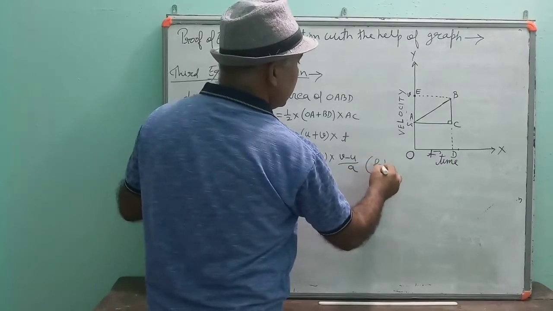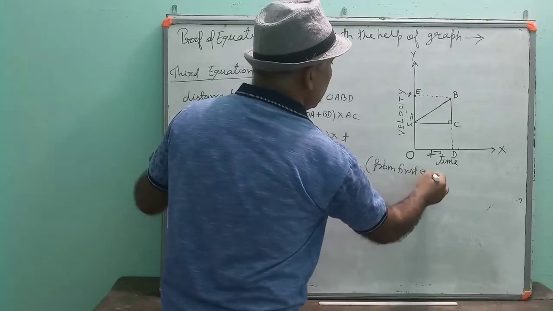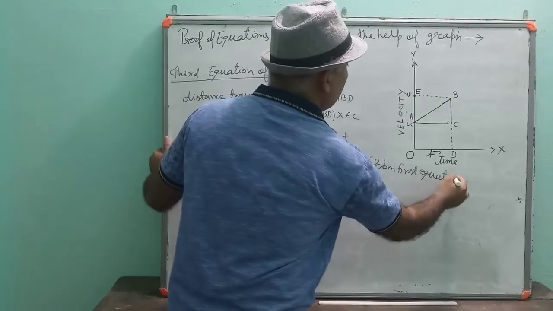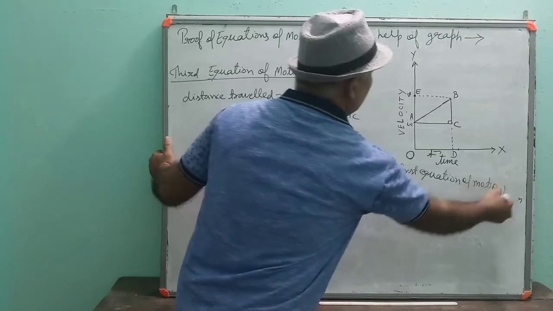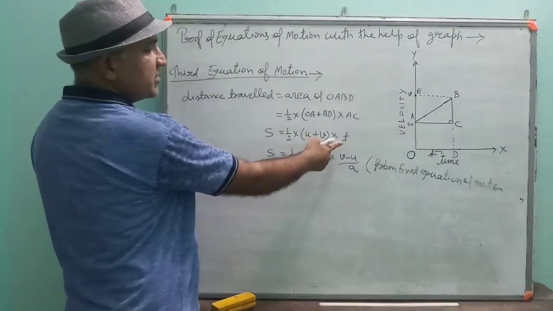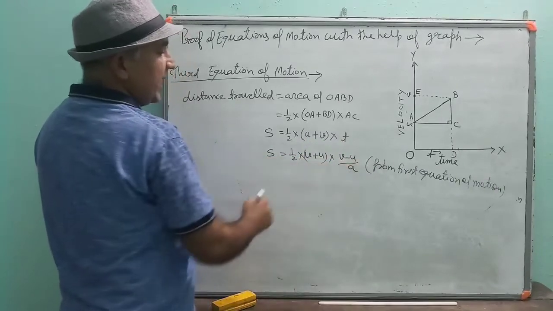From where? From first equation of motion we know that time is equal to v minus u upon acceleration.